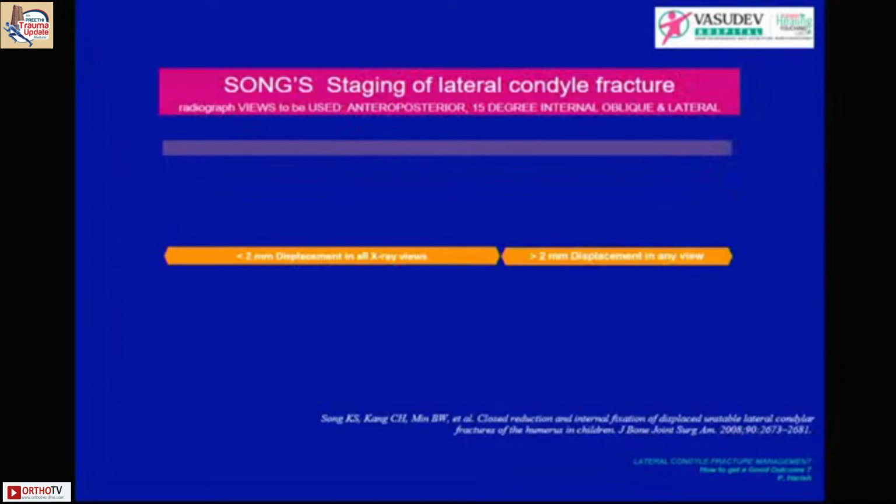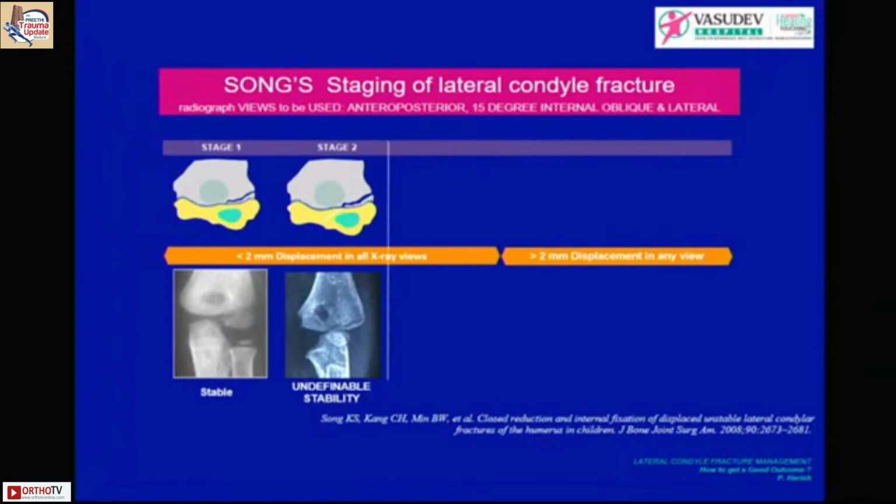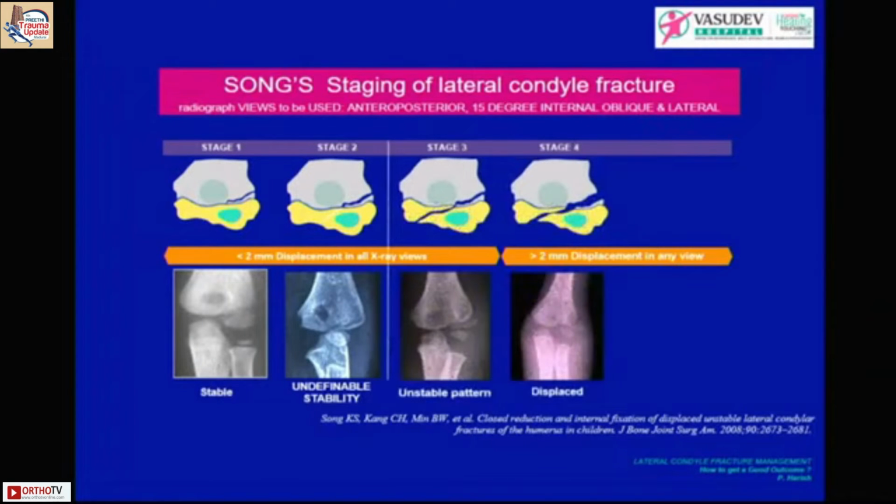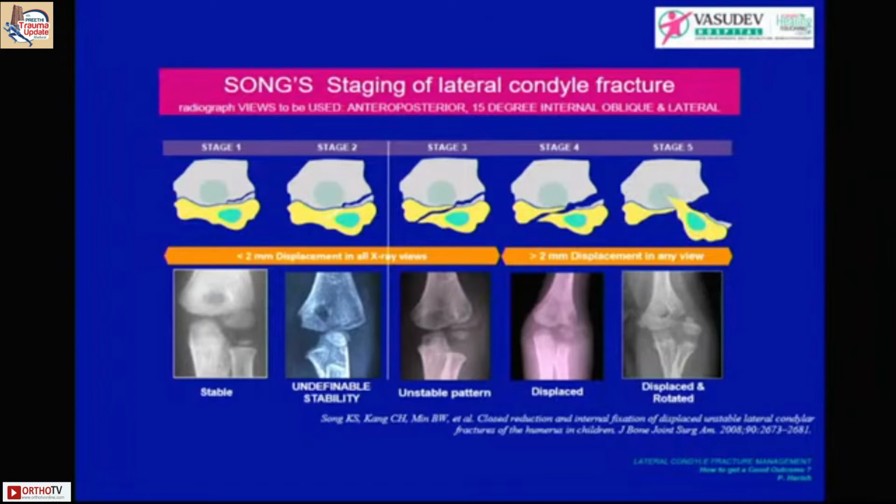So coming to the stability. Song has described a staging of fractures which has 5 stages, based on whether the fracture is displaced less than 2 mm or more than 2 mm. The first 2 stages are defined as stable fractures where you can observe, or do a weekly follow-up, and then treat. The 3rd, 4th and 5th stages are unstable fracture configurations.